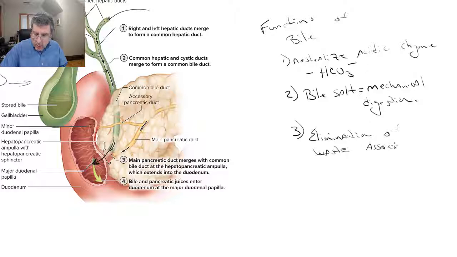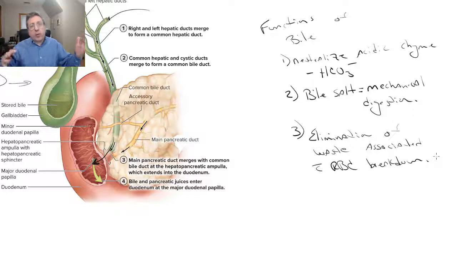Now, remember erythrocyte breakdown, we talked about this previously, that whole process. When you break down the erythrocytes, or red blood cells, you end up with a product called bilirubin.